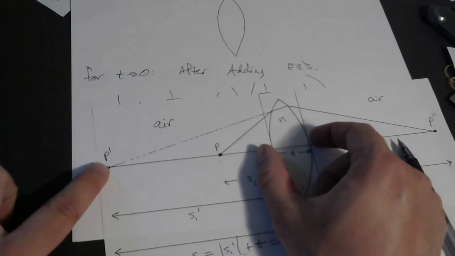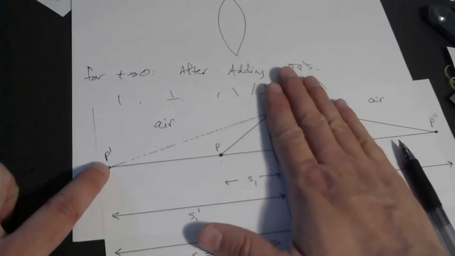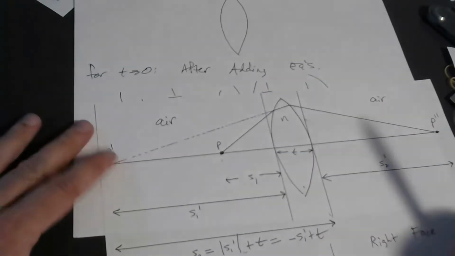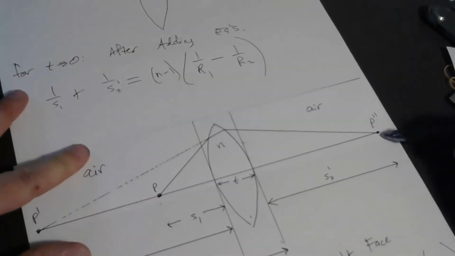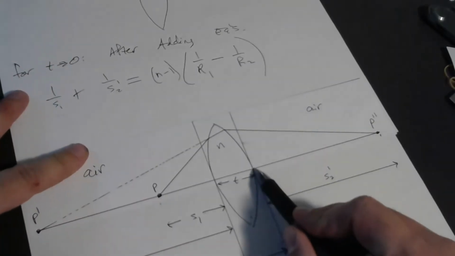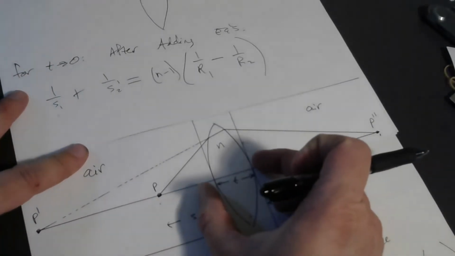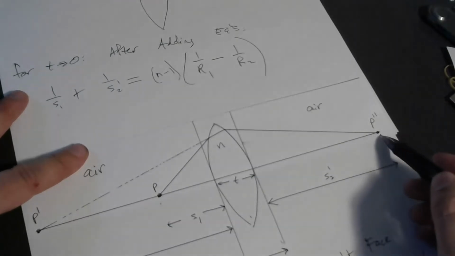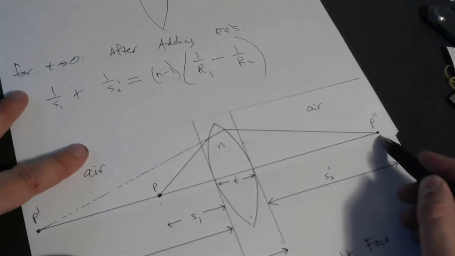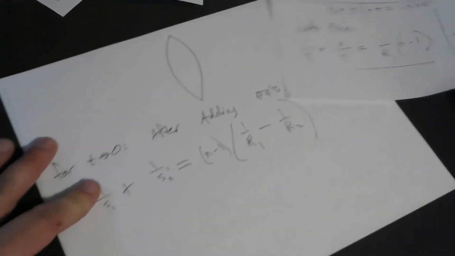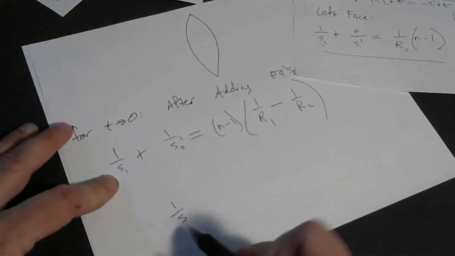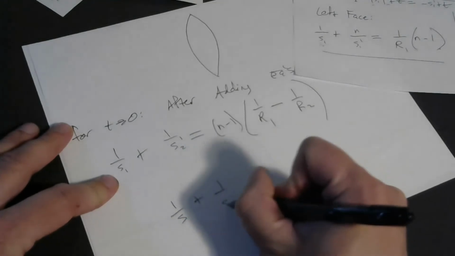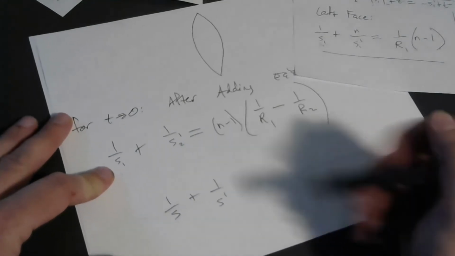But if we're regarding the lens as very thin, we can just say it's the distance from the lens. By the same token, S2 prime is the distance of the final image point from the right face. But if we pretend that the thickness is 0, we may as well just say that's the distance from the final image to the lens itself. So we'll just replace this S1 by an S. This is how far the object is from the lens. This is how far the image is from the lens.